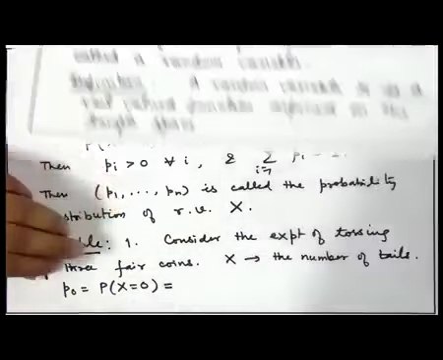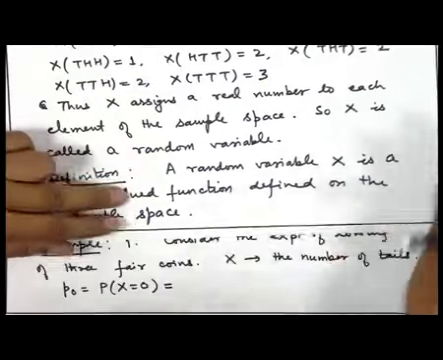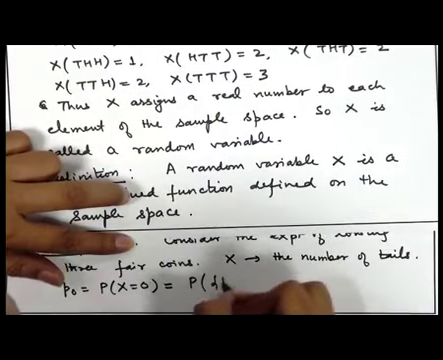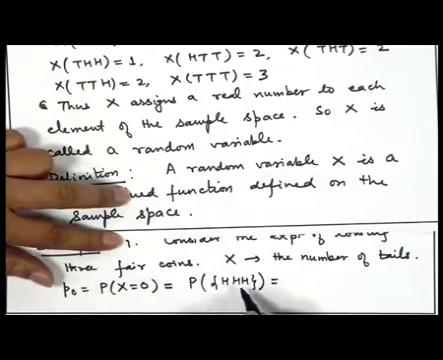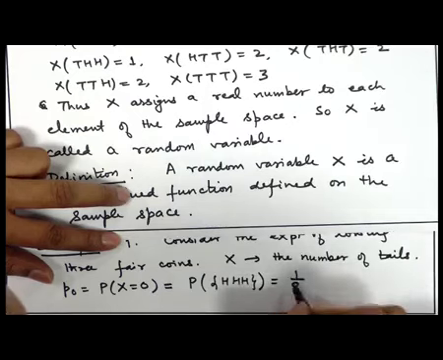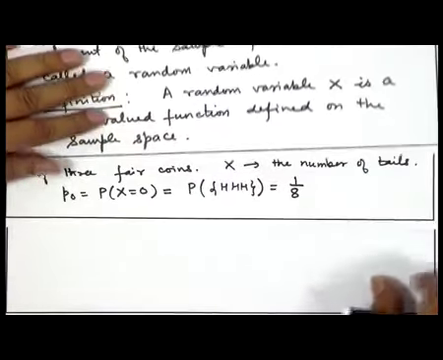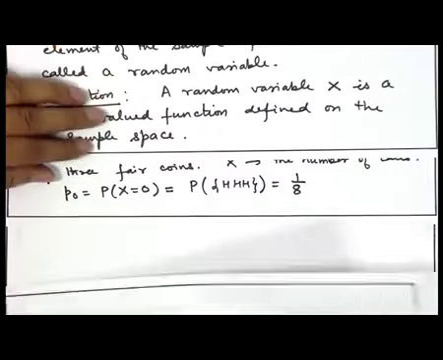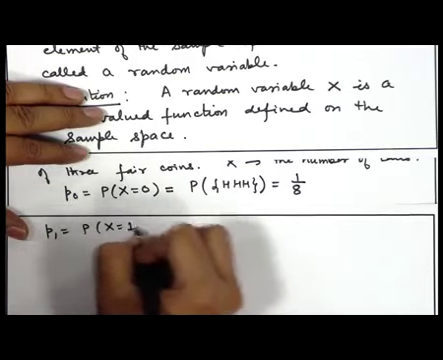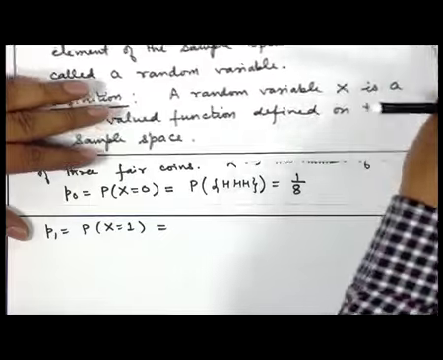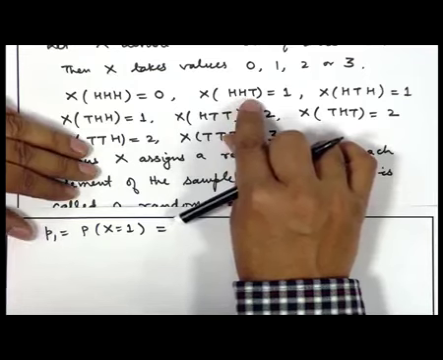Now, X equal to 0 corresponds to when all 3 heads are observed. So, it is actually equal to the probability of the possibility HHH. So, this is 1 by 8. Similarly, if I look at the probability of X equal to 1, then from the experiment you can see that X equal to 1 is when one tail is observed.